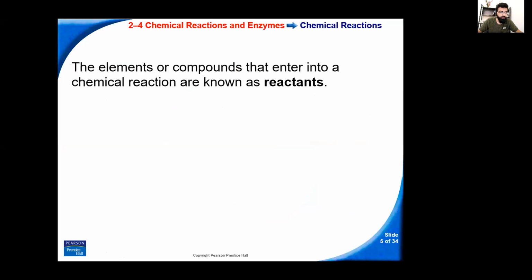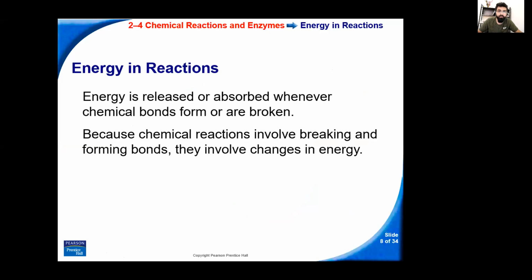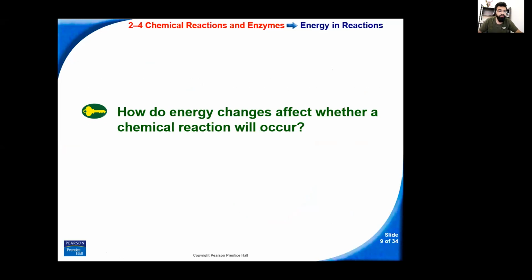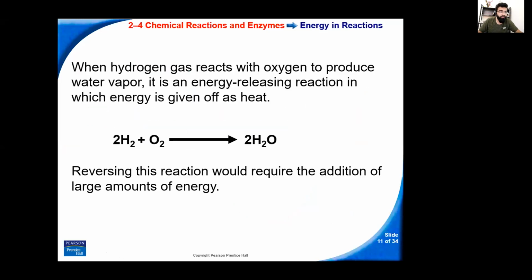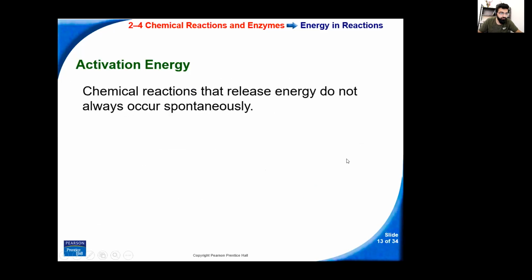And then we explained how the energy is released or absorbed during the chemical reaction, and discussed how the reaction could be exothermic or endothermic. Then we explained the activation energy.